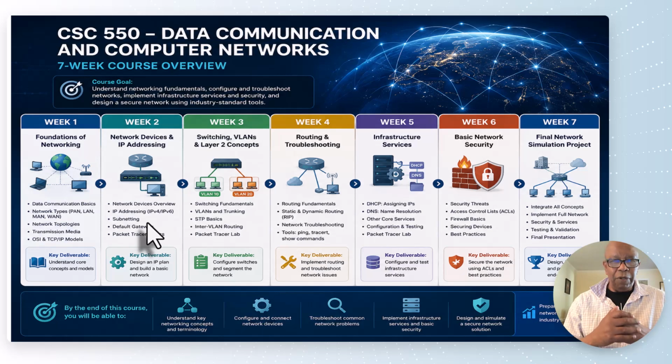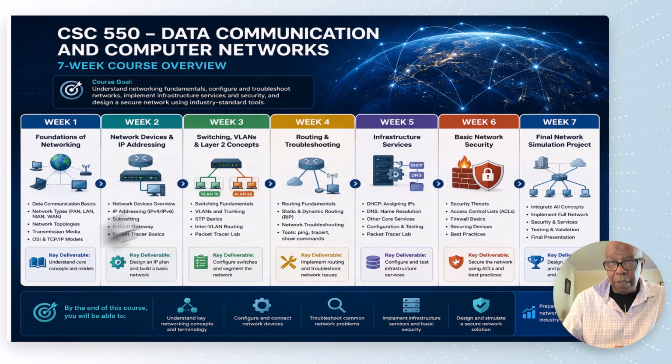Think of a network: I need to go from point A to point B. In between, I might have several subnets, several different paths that I can go through to get that data from point A to point B. This is where we talk about subnetting. Also, the default gateway. If for some reason where I want to go is not available, what can I use as a default to still get my data from point A to point B? And then packet tracing basics.